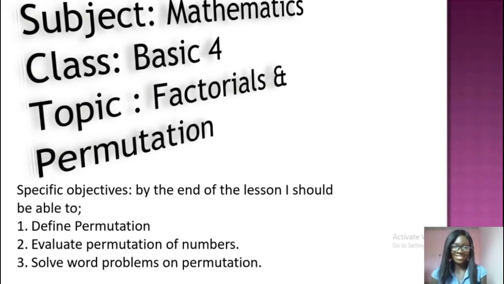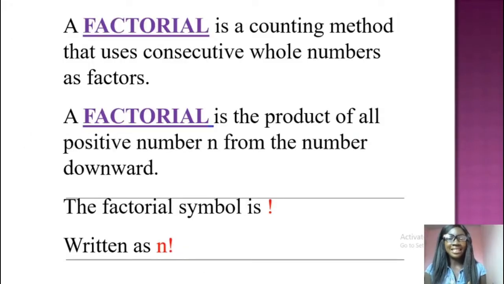So let's start. Just a quick recap of what we discussed last time. Factorial is a counting method that uses consecutive whole numbers as factors, and it's also the product of a positive number downward. Our symbol of factorial is an exclamation mark. So when we want to write factorial, we say n factorial.